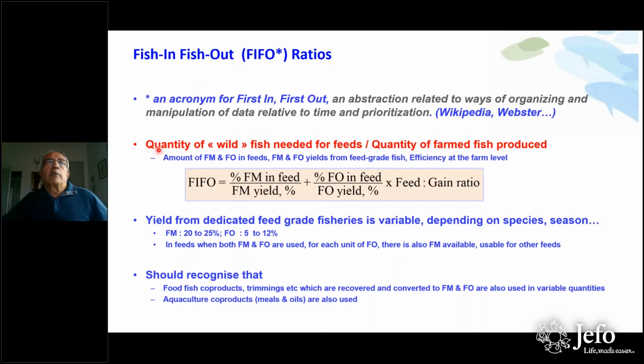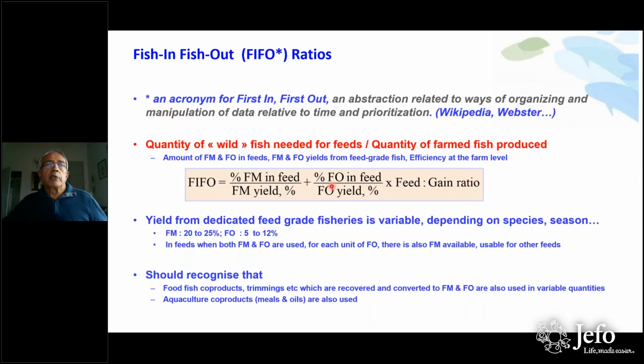But this was invented by some of the NGOs who are not very happy with aquaculture. They wanted to calculate the quantity of wild fish required for feeds by the quantity of farmed fish produced, taking into account the amount of fish meal and fish oil in the feeds, the yield of fish meal and fish oil from capture fisheries, and the efficiency at the farm level, the feed-gain ratio, for instance.